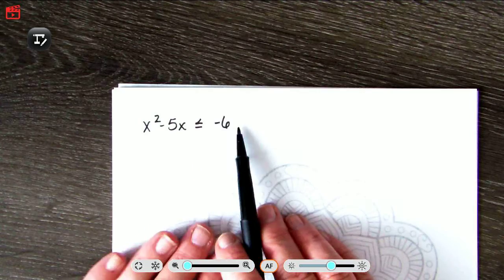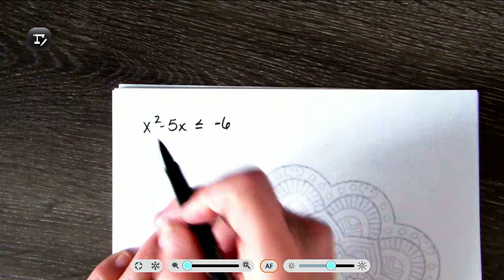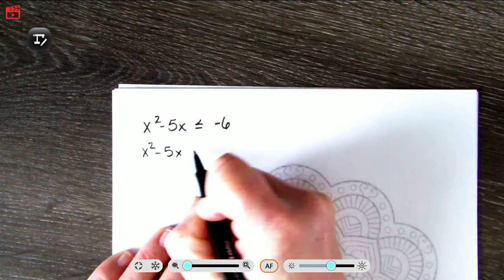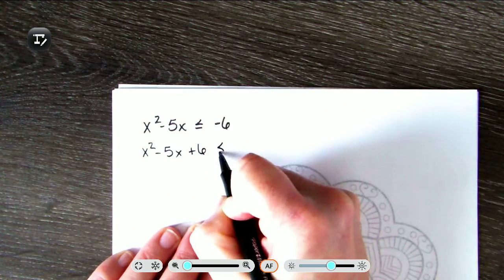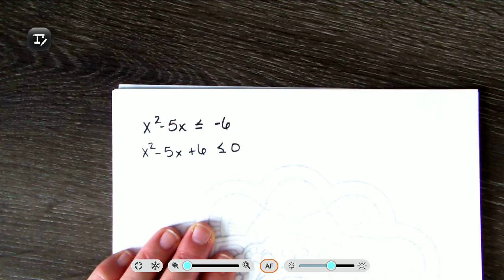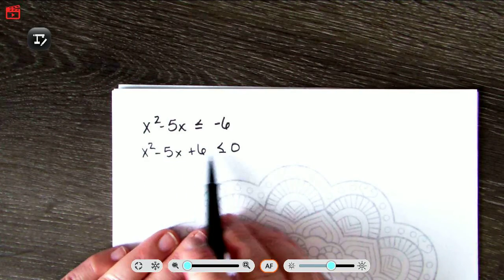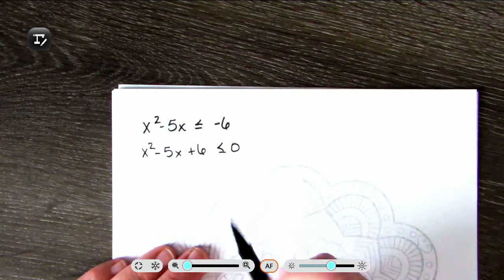What we do is we need to move the 6 over, so kind of like you would a regular quadratic. And we'll have that it's less than or equal to 0. Now we're going to try to factor this just as if this was an equal symbol.